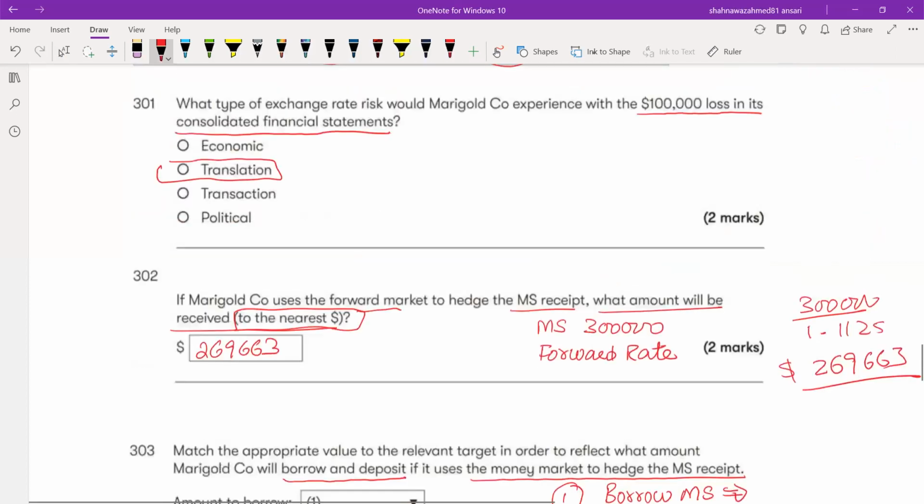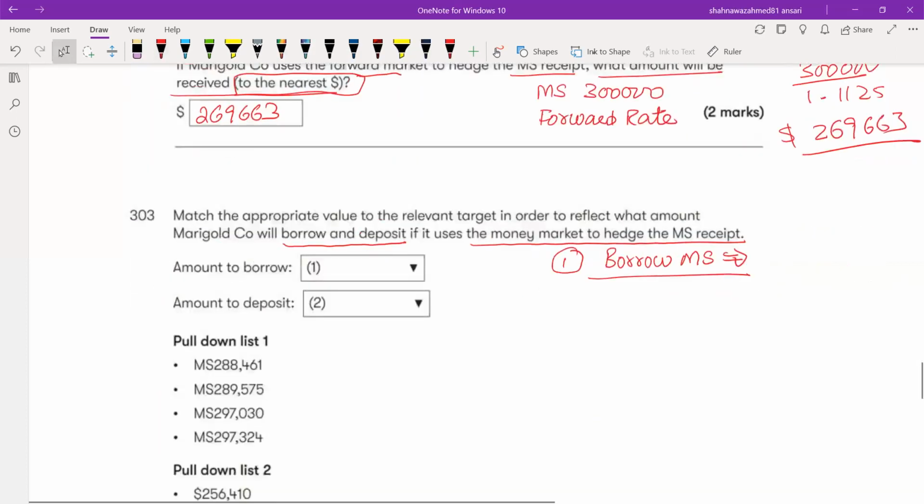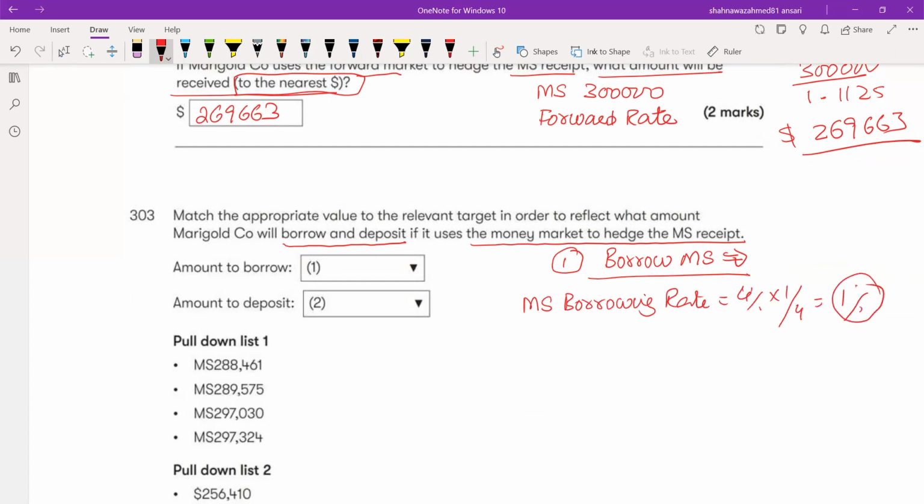The MS borrowing rate is 4%, which is annual. We have to convert this into a quarter, so 1/4, and that is 1% per quarter. Now we have to convert MS 300,000 into present value using this rate.